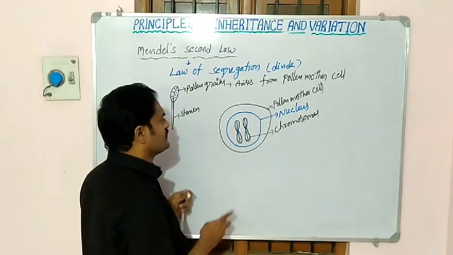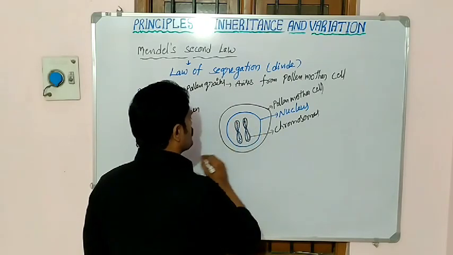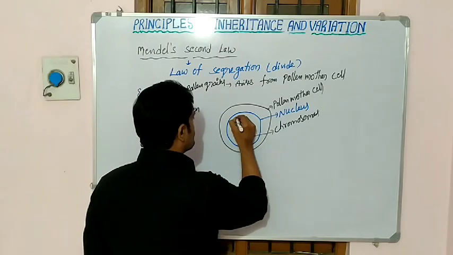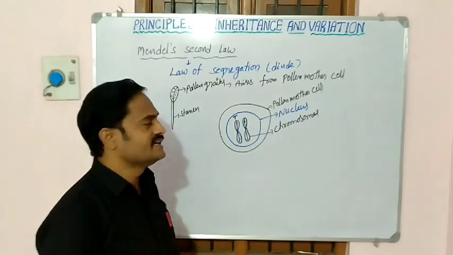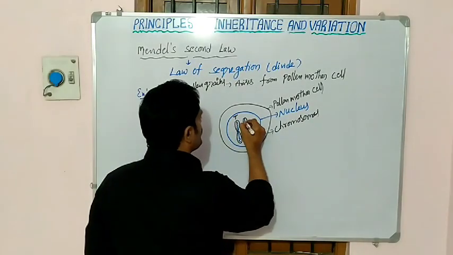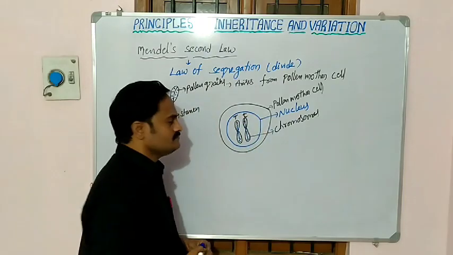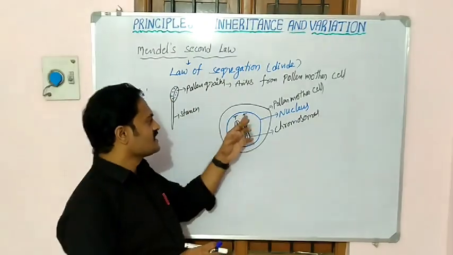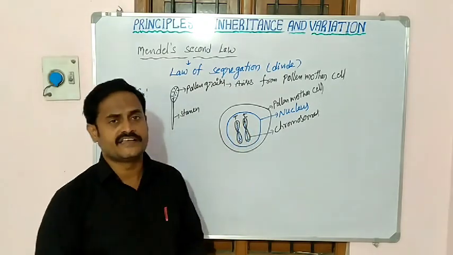Suppose one gene, one part of the DNA in the chromosome, consists of the T allele, capital T. And on the second chromosome, this allele is a small t. Remember, these are the two alleles present in the DNA.